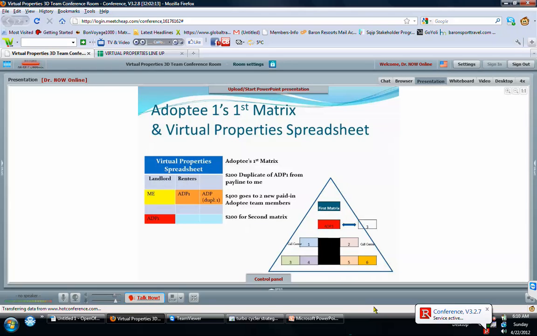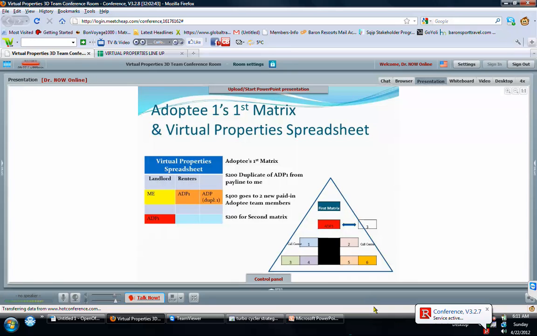Because all we're doing here today is looking at what happens with the money from the ADP 1, which is the adoptee number 1, the first one that you brought in. Okay? So the $400 that the adoptee gets out of the $800 goes to 2 new paid-in adoptee team members. In other words, he will bring 2 members in.